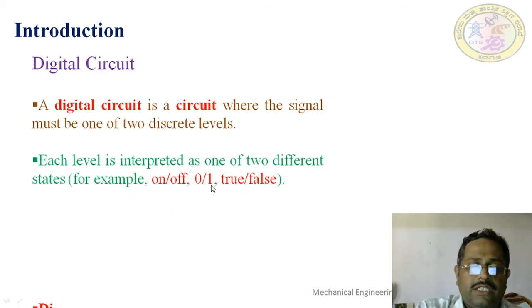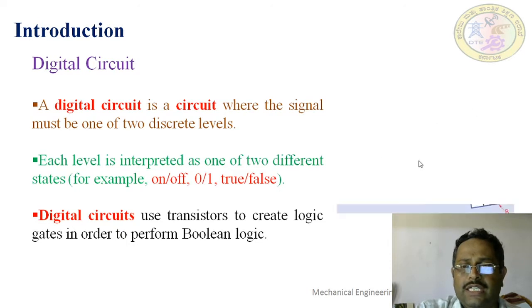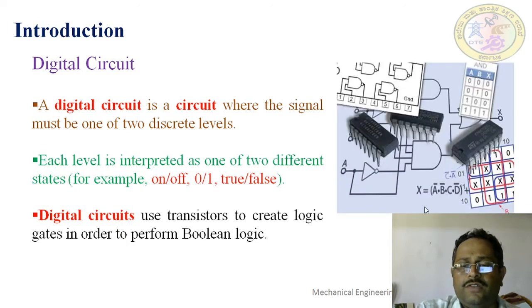These digital circuits use transistors to create logic gates in order to perform Boolean logic. Means the digital circuits are built by using logic gates. The figure showing on the screen depicts the idea of digital circuits. The logic gates, truth tables and integrated chips are all used in digital circuits to build a digital circuit.